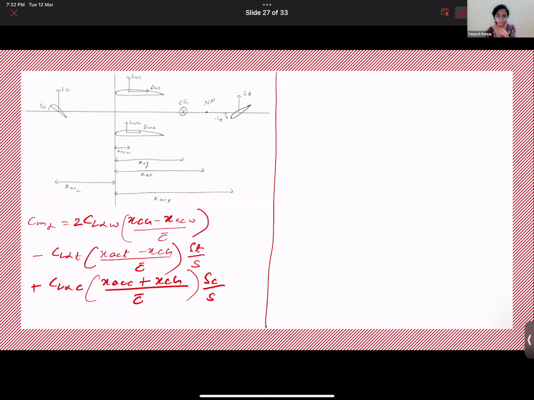I think it's fine. We are not missing any terms. This is correct. Okay. Now, how do you find out XNP?